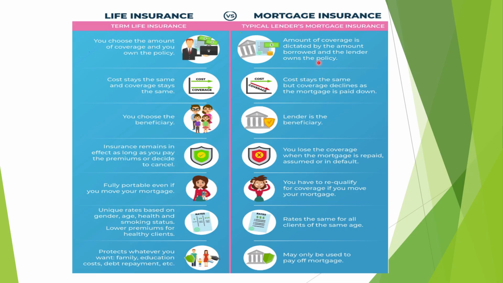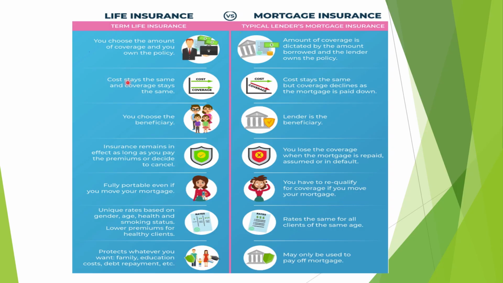The most key difference is that in mortgage insurance the lender owns the policy, whereas in term life insurance you own the policy. So if anything happens to you in term life, the money goes to your loved ones. Whereas in mortgage insurance, the money goes to the lender or your financial institution from whom you bought your mortgage. That is the key benefit that we should consider.